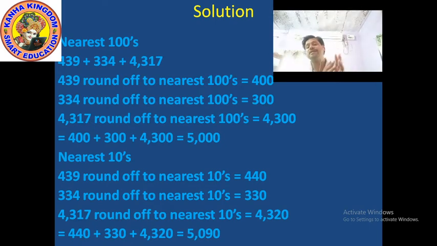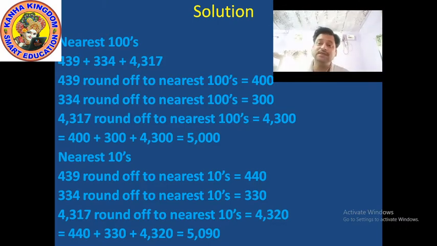So the nearest 100 of 439 is 400. Clear?